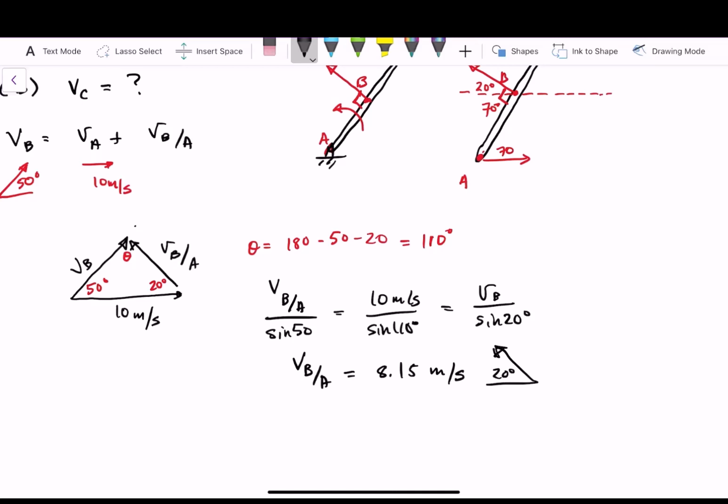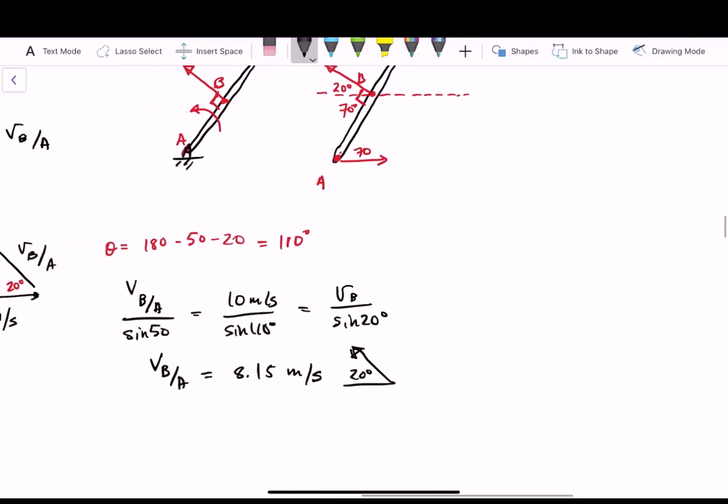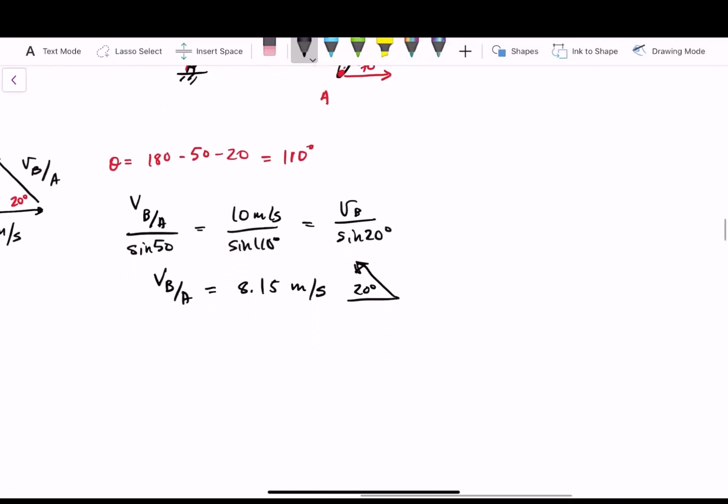Now, why does that help us? Well, remember that if we have the velocity of B with respect to A, that means we should be able to figure out the angular velocity. Okay, so that's what I'm going to use that for. Remember that VB with respect to A is equal to RAB times omega AB.